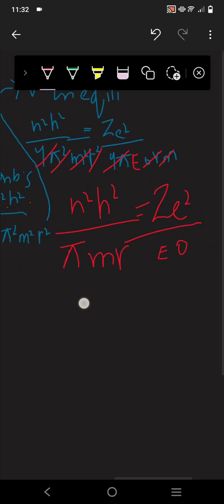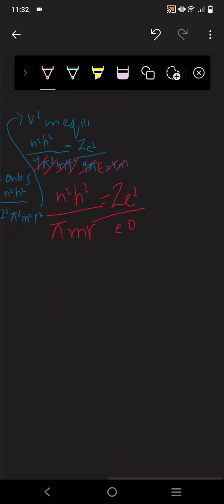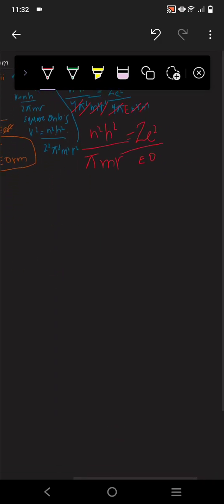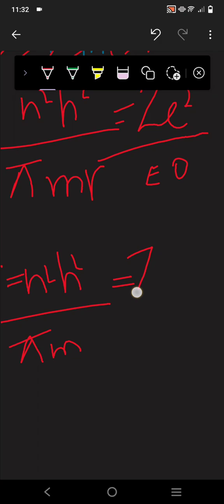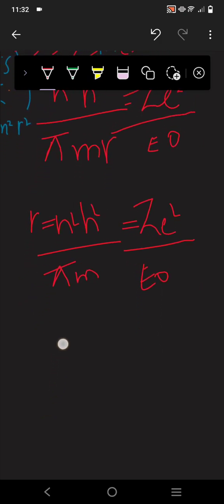So now what do we do? R we're gonna put aside because we want R. N square, h square, pi m, then z square. This is a simple calculation. N epsilon naught. I'll tell you the value of epsilon naught as well.